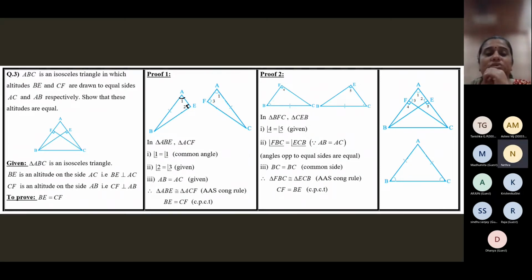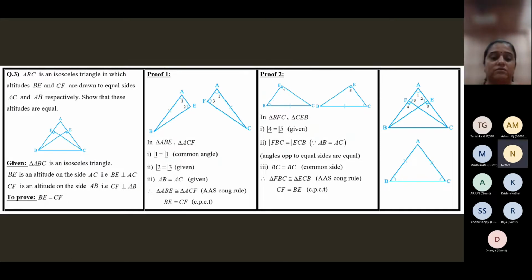I'm asking you which is the side included by these two angles 1 and 2. Angle 1, AE, and for angle 1 and angle 3, FA. Yeah, but we have not mentioned AE and FA. We have written AB is equal to AC. So it will be two angles and some other side because we have not mentioned the included side.